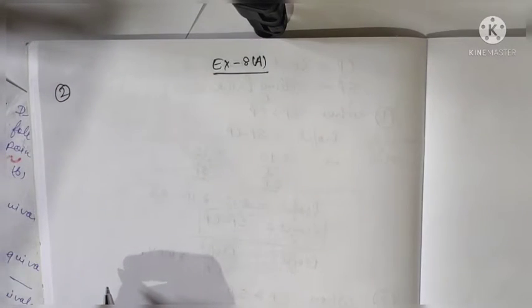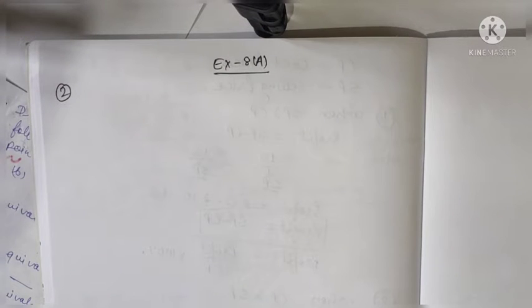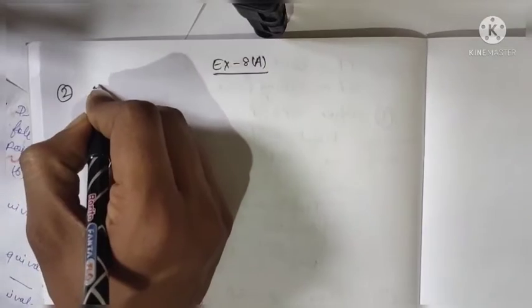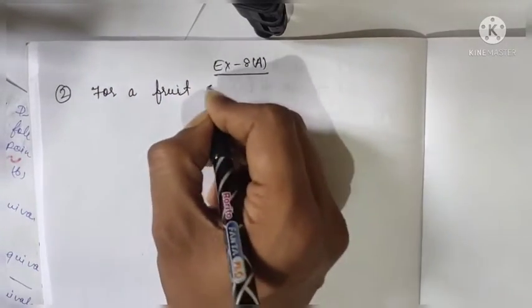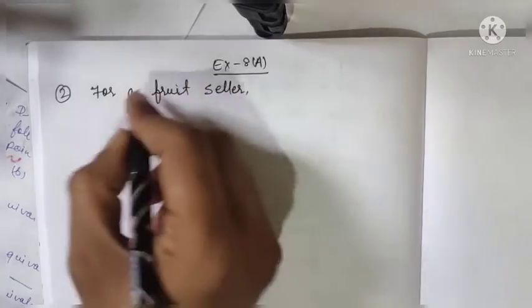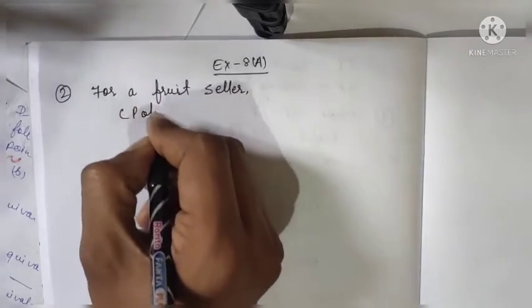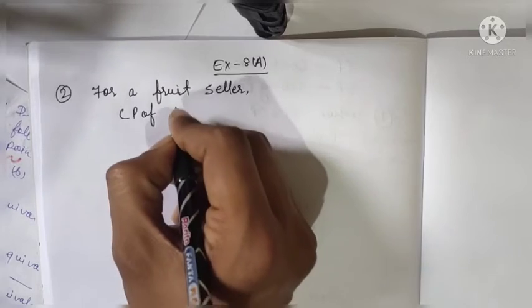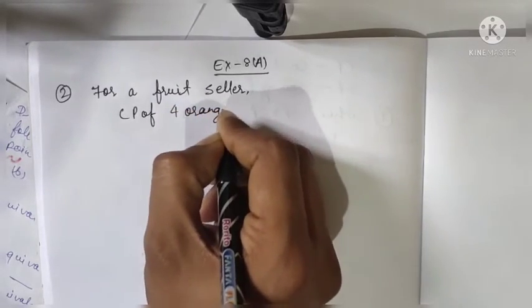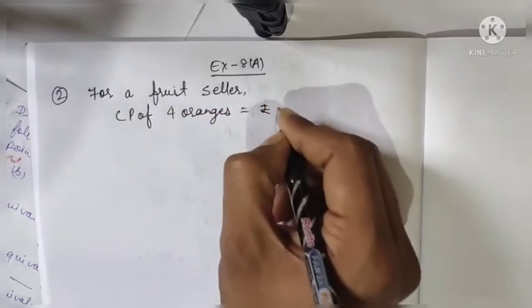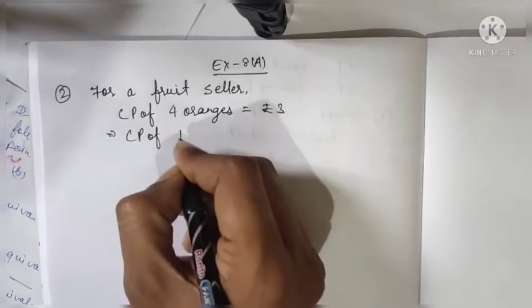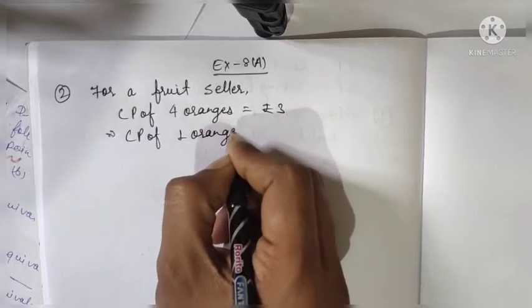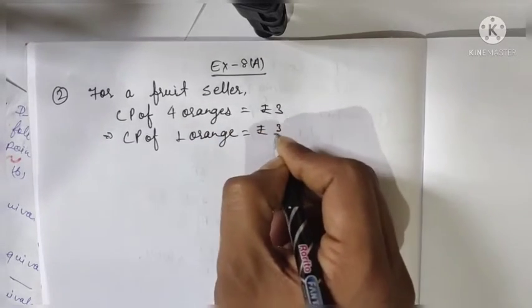Question number 2 is, a fruit seller buys oranges at 4 rupees 3, means for a fruit seller cost price of 4 oranges is equal to ₹3. That implies cost price of 1 orange will be equal to ₹3/4.